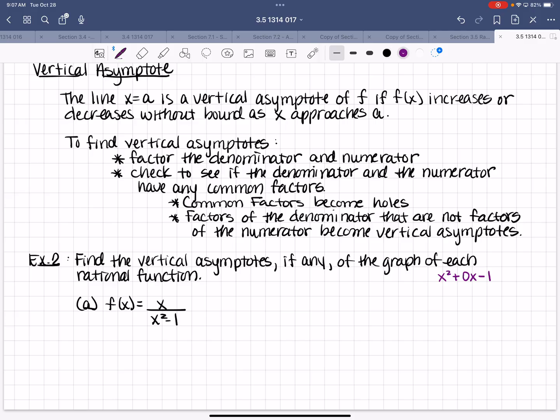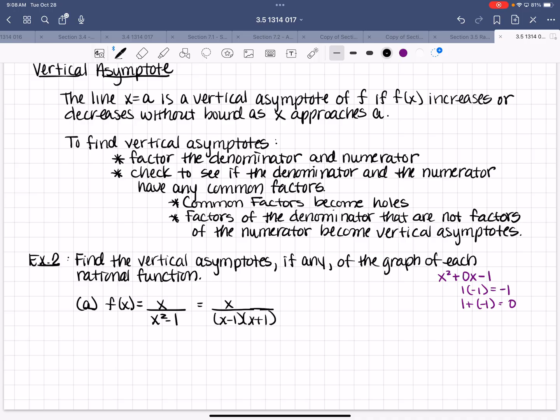Those are 1 and negative 1, because 1 times negative 1 gives me negative 1, and 1 plus negative 1 gives me 0. I can't do anything with that x in the numerator. It's just x. So this becomes x over x minus 1 times x plus 1.